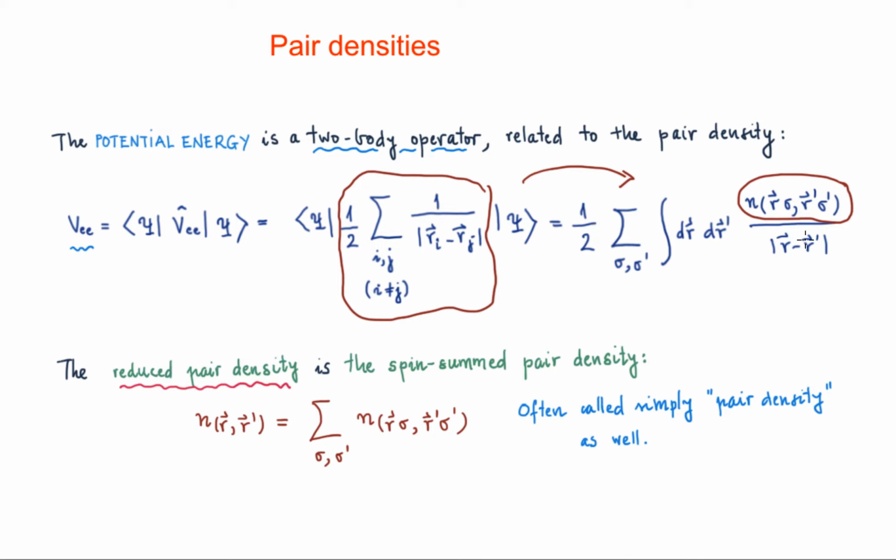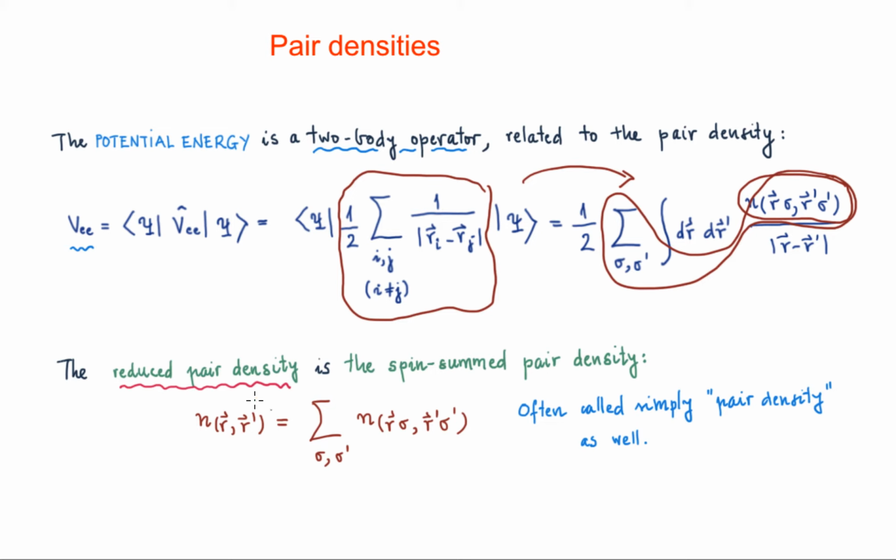And actually, the paired density we have here, as you can see, is a spin-summed paired density. So we are going to define another function which is related to the paired density, which is what's called the reduced paired density or the spin-summed paired density, which basically is the summation over sigma and sigma prime of the paired density, and just depends on the spatial coordinates r and r prime.